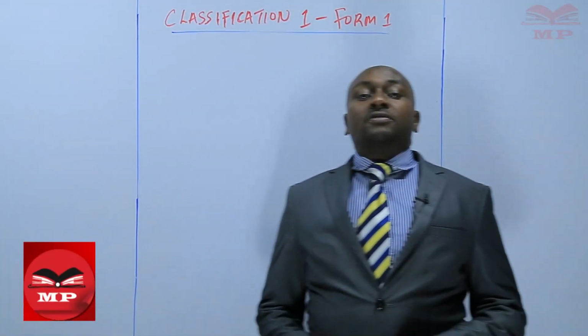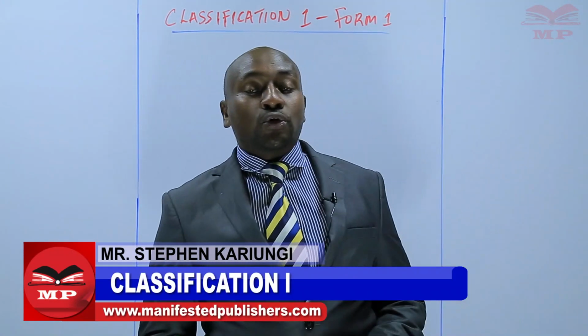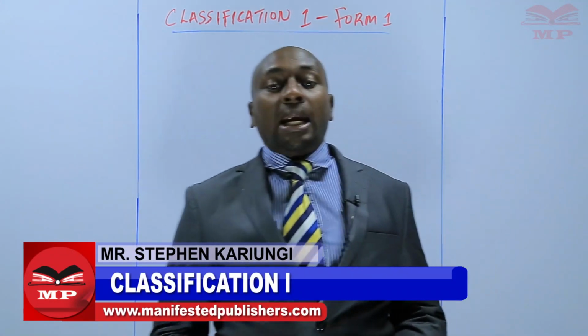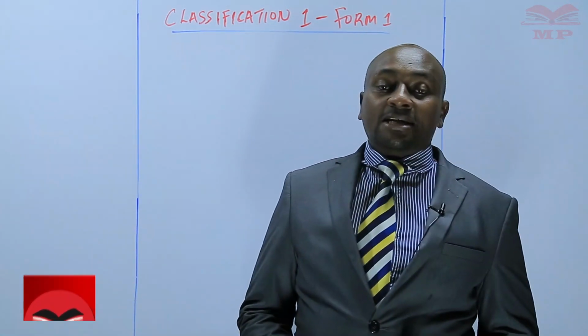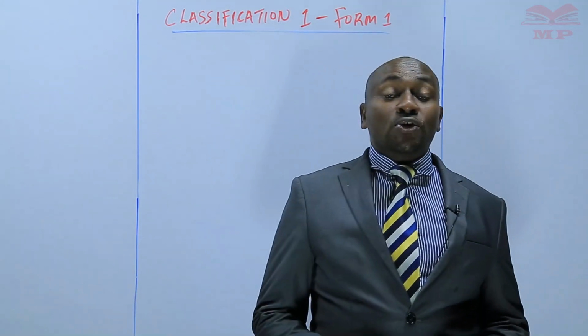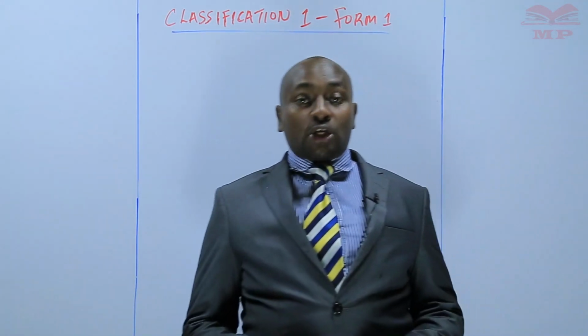My name is Stephen Kariungi, and today we are going to continue with the topic of classification 1, and specifically I would want us to discuss the external features of plants and animals that are used for classification.